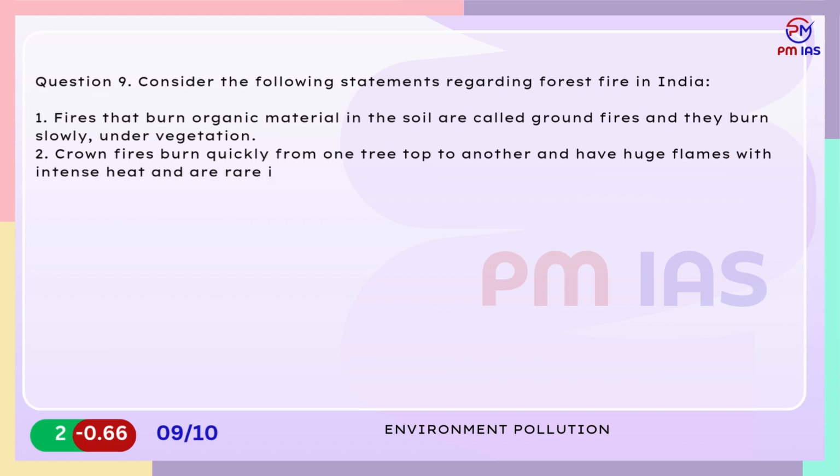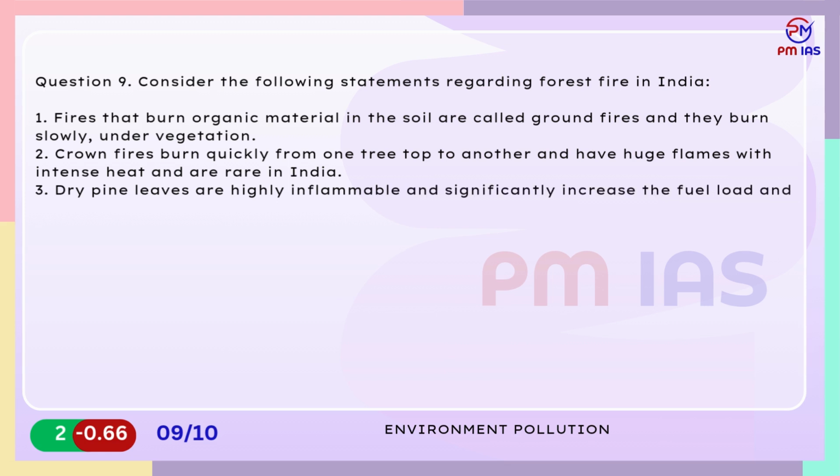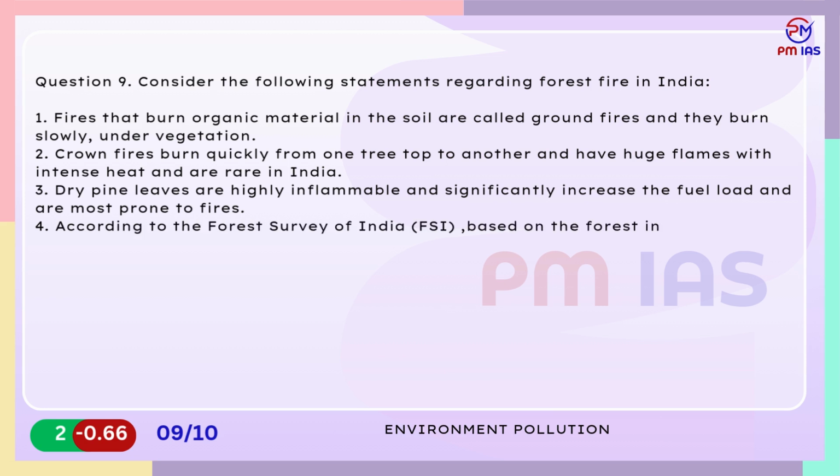Dry pine leaves are highly inflammable and significantly increase the fuel load and are most prone to fires. 4. According to the Forest Survey of India, FSI, based on the forest inventory records, 30% of India's forests are prone to occasional fires. Which of the statements given above are correct?